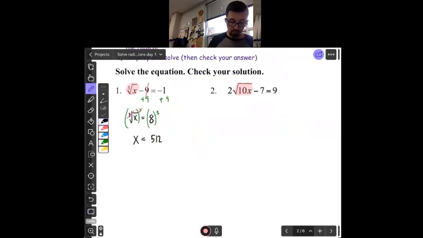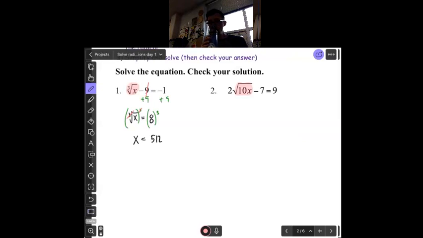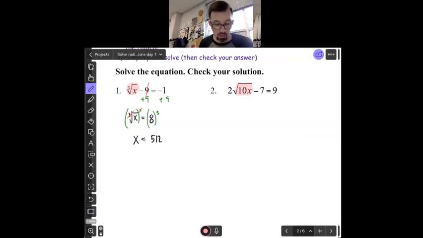So when we talked about the checks on Tuesday, what do we do with this 512? Where do we put it? When we check an answer, where do we check it? In with the x. What x? There's lots of x's here.